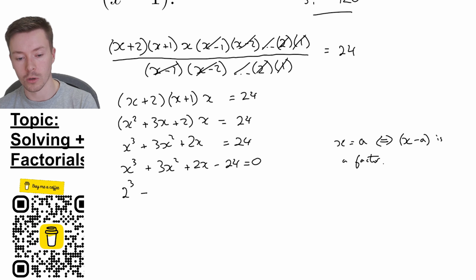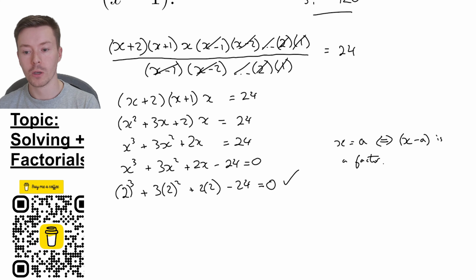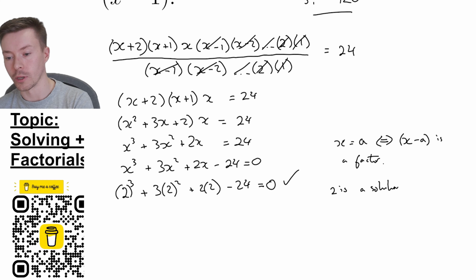So 2 cubed plus 3 lots of 2 squared plus 2 lots of 2 minus 24 does equal 0. So that means that 2 is a solution to the equation if and only if x minus 2 is a factor.